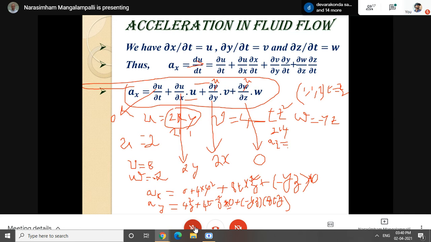V is 4t z square and dou w by dou y is minus z. So minus z into 4t z square, that is minus 4t z cubed is the last term.